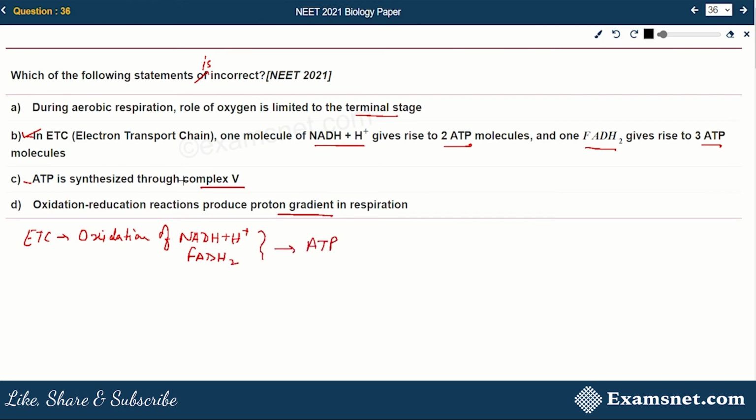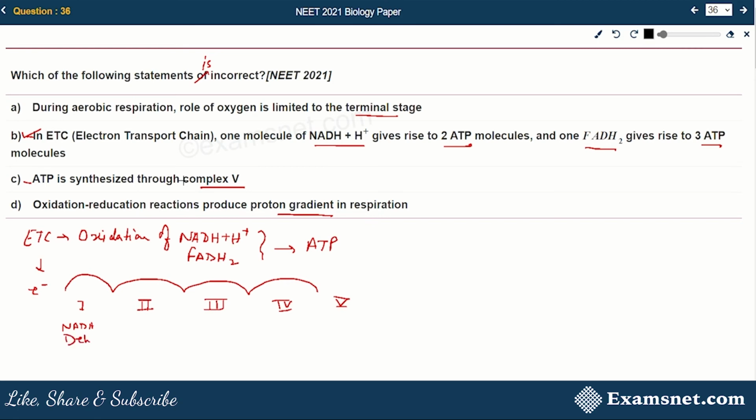What happens during electron transport chain? Electrons are passed from one carrier to the next through 5 complexes: complex 1, 2, 3, 4 and complex 5. Complex 1 is NADH dehydrogenase.